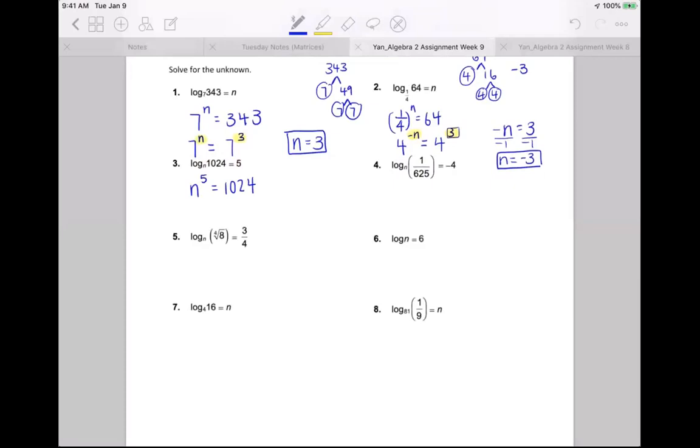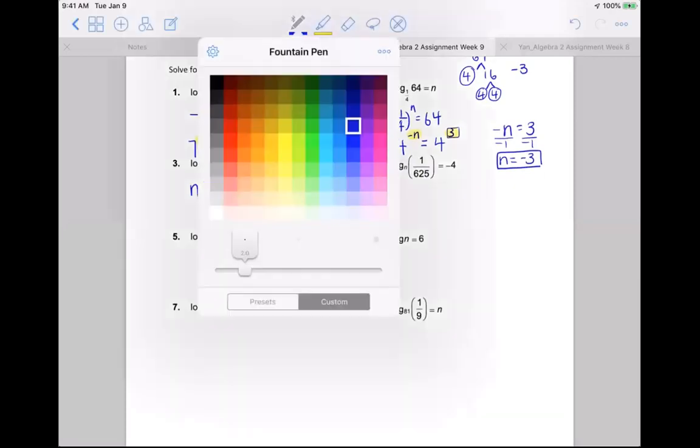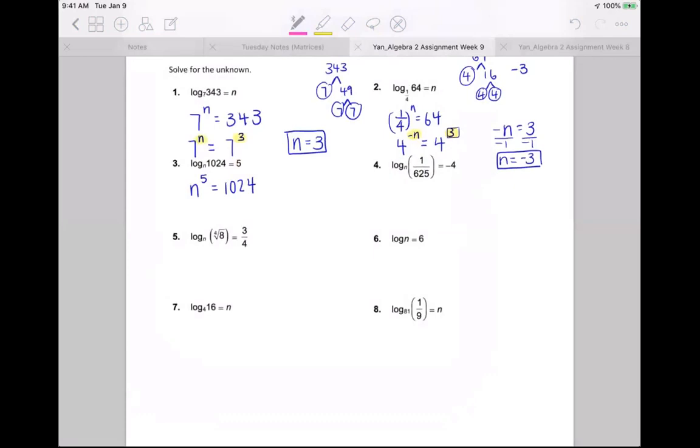And here's the thing. Let's break down 1024 into numbers that we know. It's an even number, so it's always divisible by 2.